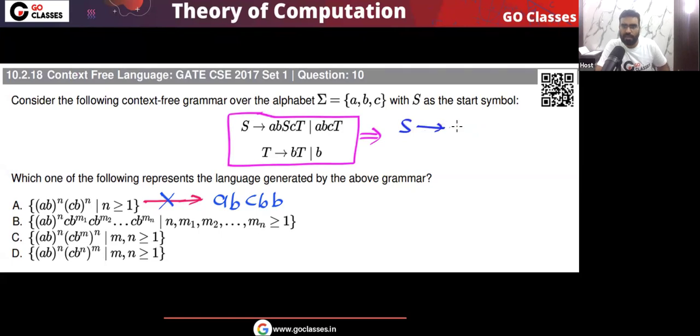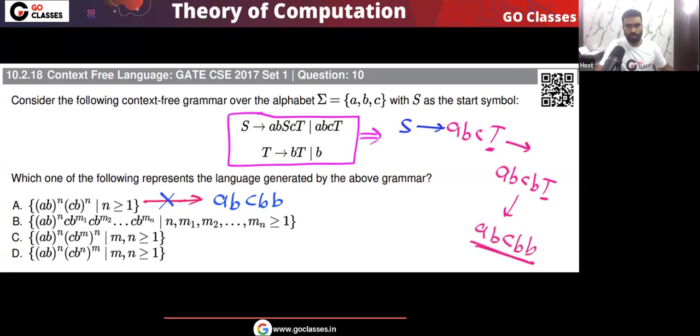Now this t can go to bt, and now this t can go to b. So we get abcbb. Yes or no? Is this clear? So remember, from this grammar you can generate abcbb. But you can notice that from option A I cannot generate abcbb. So option A is gone. Agree? Let me know.